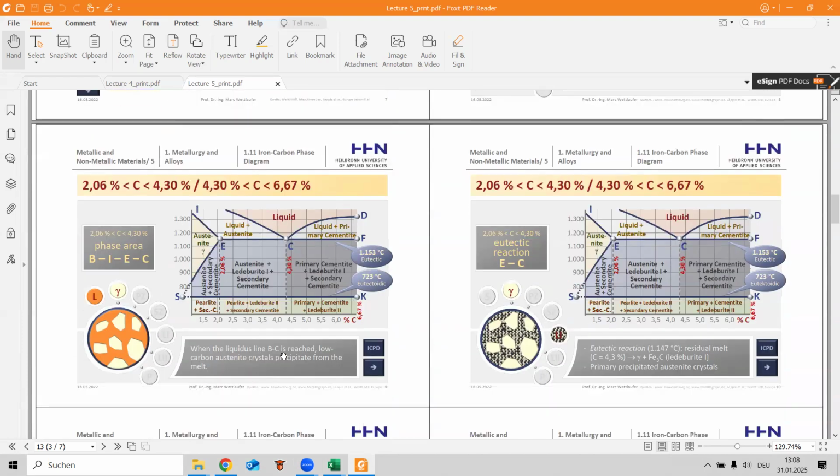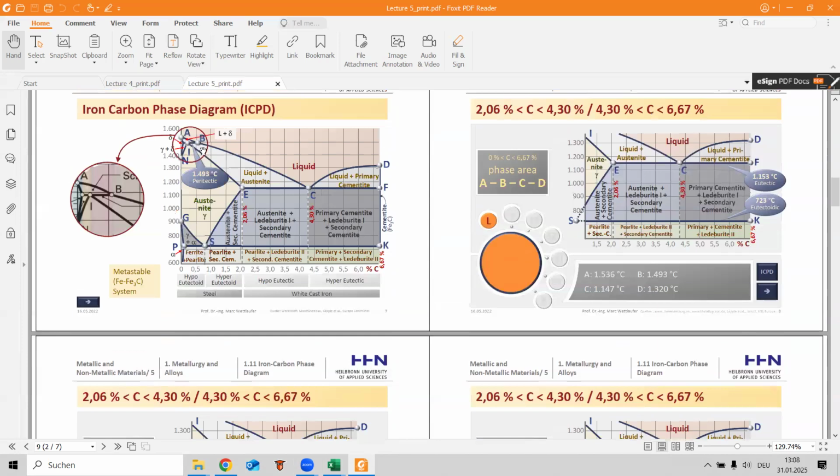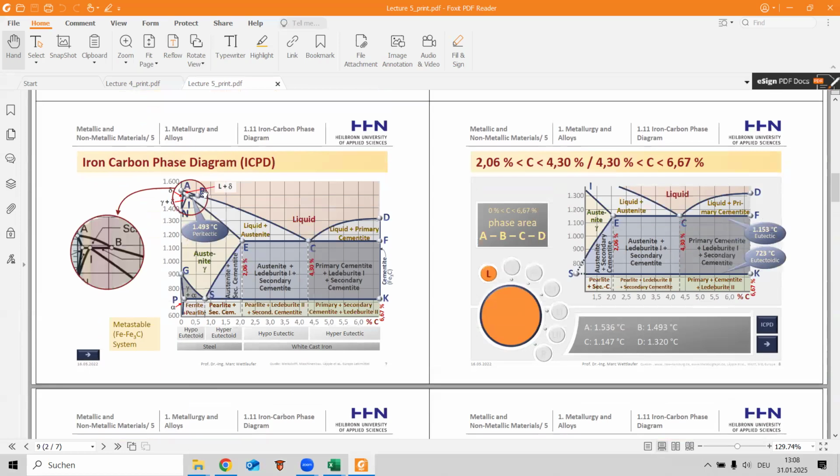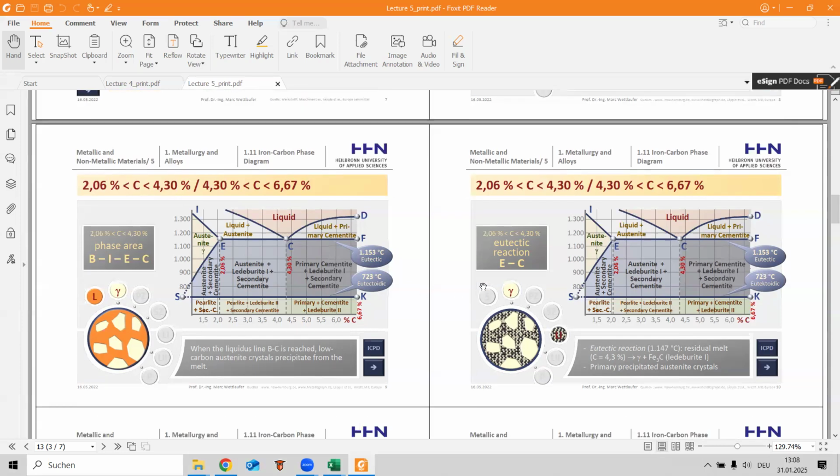So when the liquidus line BC is reached, low carbon austenite crystals precipitate from the melt. We have the eutectic reaction at EC.